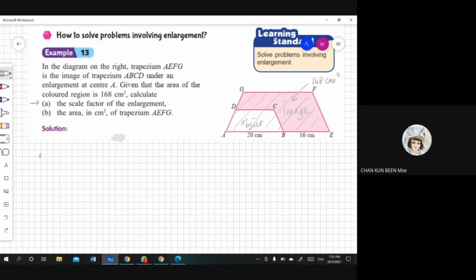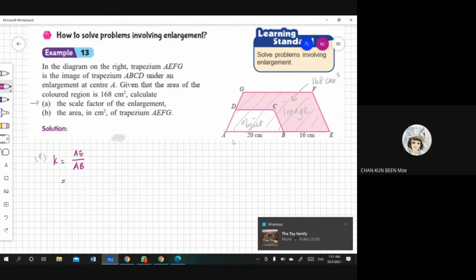To calculate the scale factor, you are just going to use the length of side, because you are given the length of side for this object and also the image already. So easy, we just apply that. K is equal to AE over AB. Can you see that? The length of A to E will be 20 plus 16, which is equal to 36.